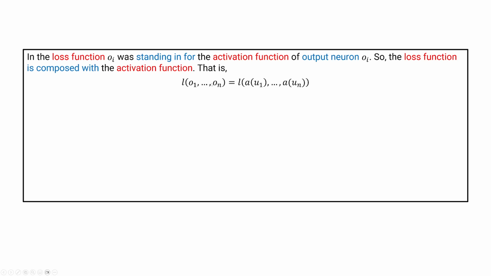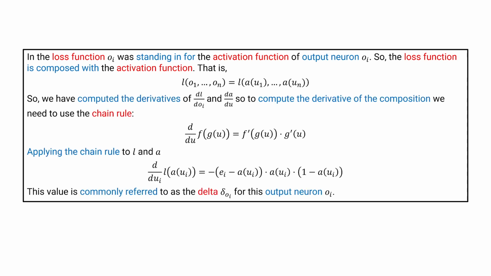And so we can see that the loss function is actually composed with the activation function. We've got the activation function inside of the loss function. Now, that makes the loss function kind of nasty to write down, but it makes it actually not that hard to compute the derivative of, thanks to the chain rule. So we can apply the chain rule to this.